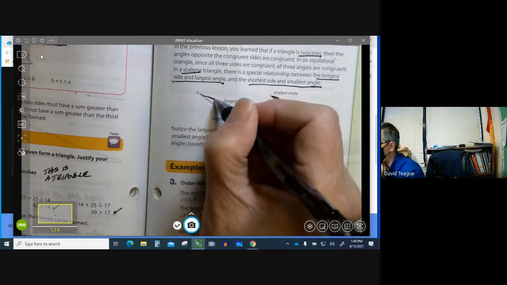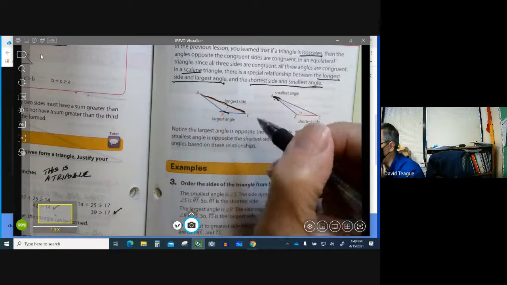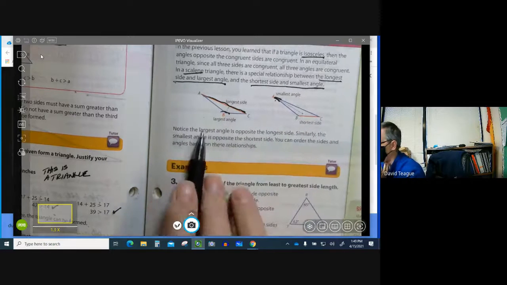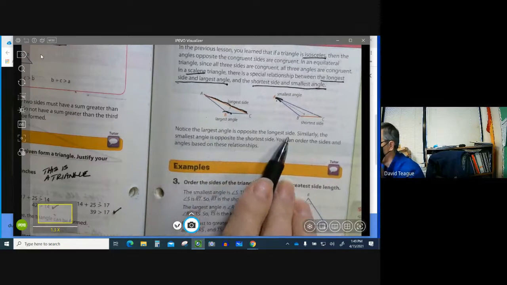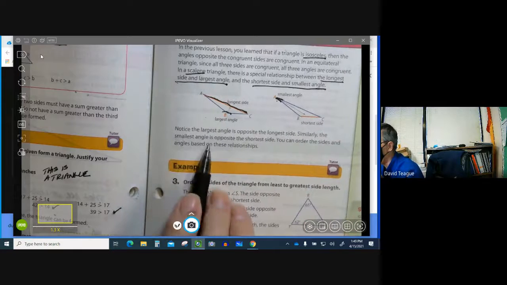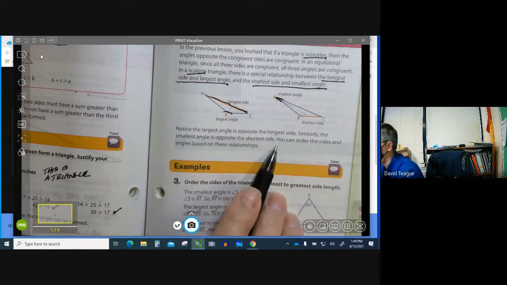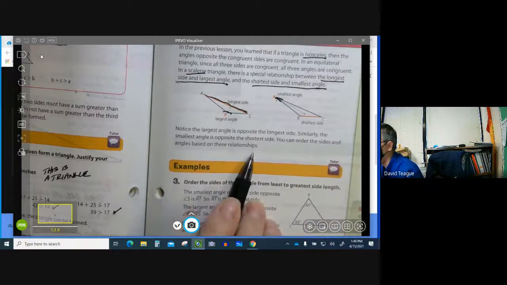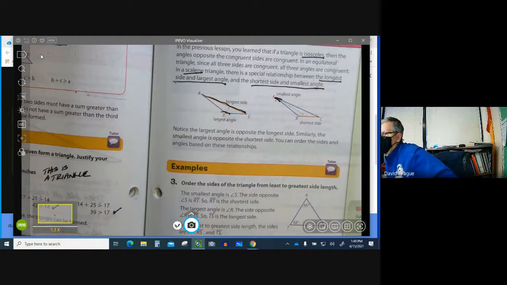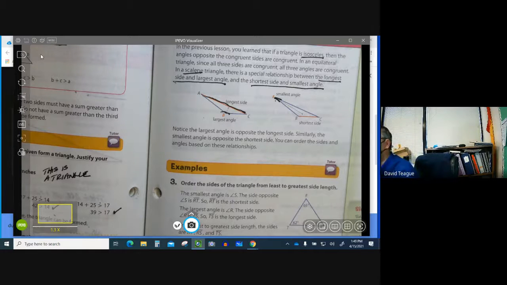Notice that the largest angle is opposite the longest side. Similarly, the smallest angle is opposite the shortest side. You can order the sides and angles based on these relationships. Okay? So, just by knowing the sides, you know what the angles are. You may not know exactly what they are, but you know what size they are.